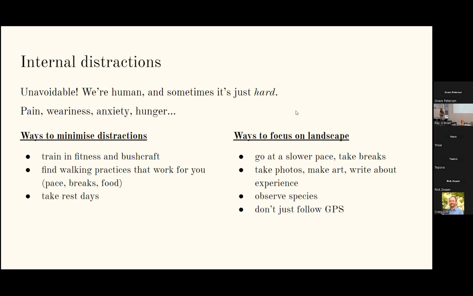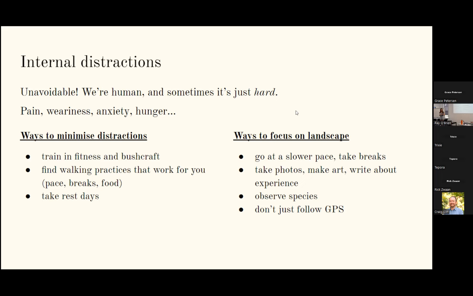Internal distractions are something that happens to the human brain, and there are definitely times for everyone, even the most lively and slow-paced, open person. Sometimes it's just hard, and the trail gets a bit tiresome. That can be things like physical discomfort, and also maybe preoccupations with unprocessed thoughts from your past.